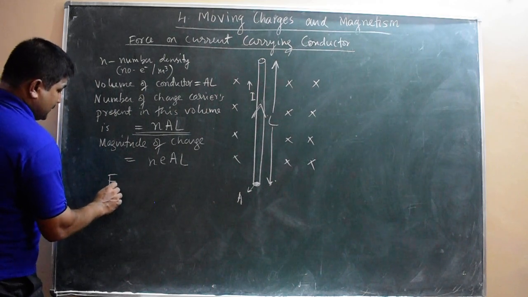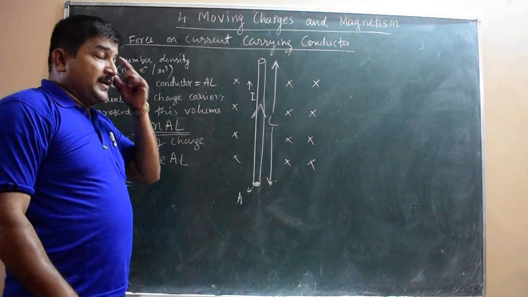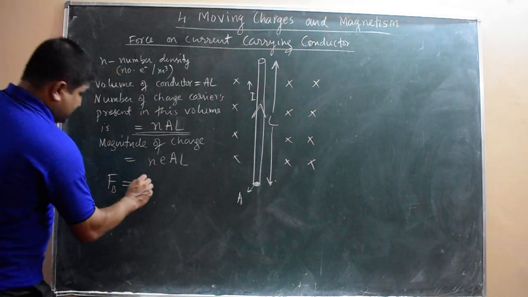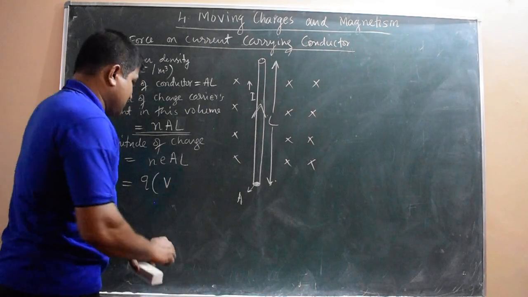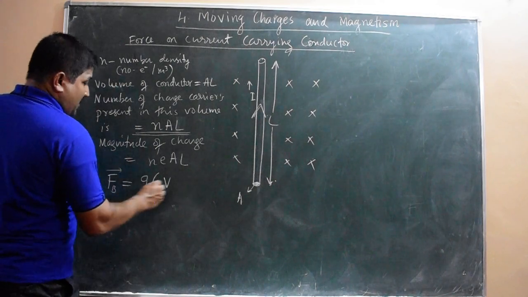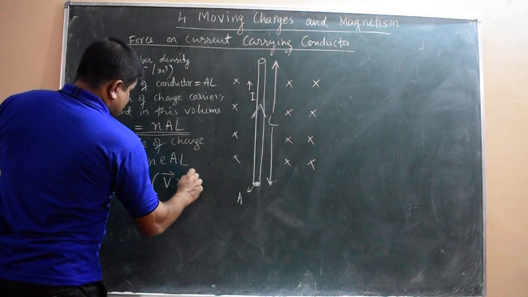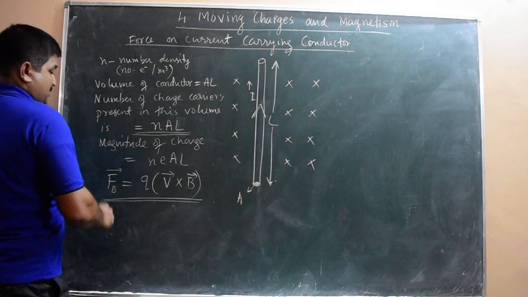Now the force experienced by the conductor in the magnetic field. What is the force experienced by a single charge? That is q into v cross B. Here this is the general expression for the magnetic force.